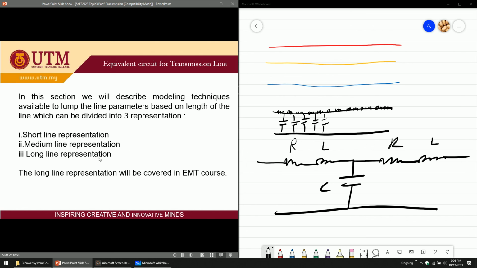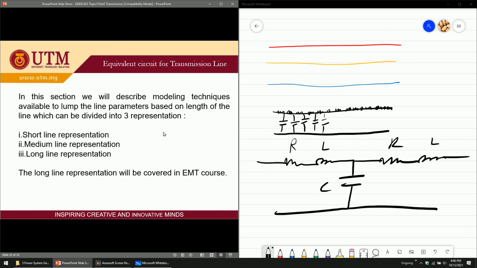Then you have the medium line and the long line. The long line representation will be covered in the EMT course. It will not be covered in this course, so no need to worry about the long line. You only have to focus on the short and medium lines.